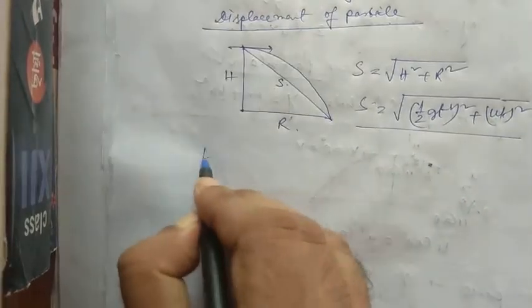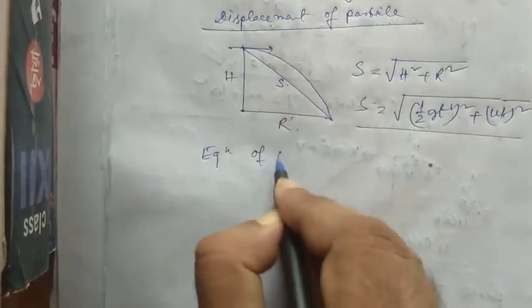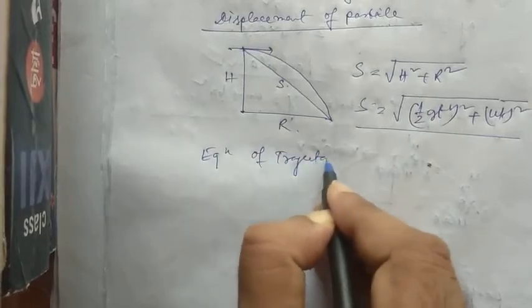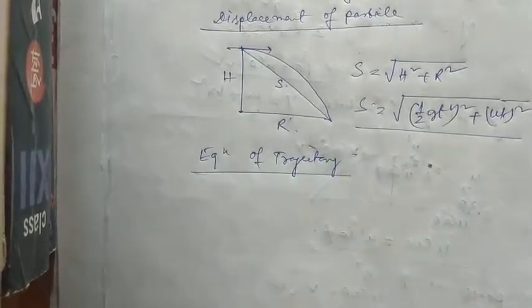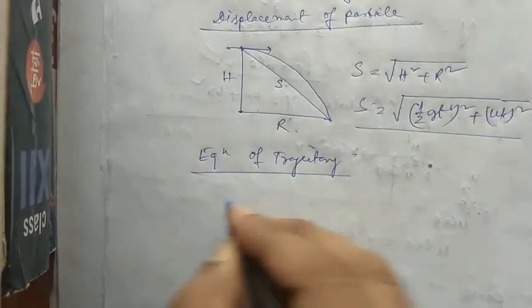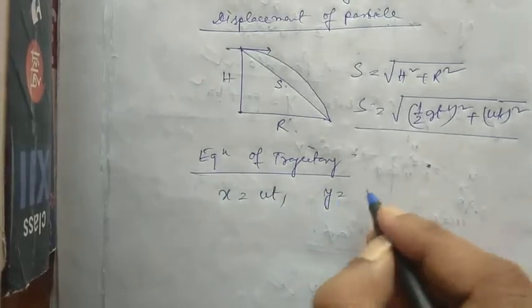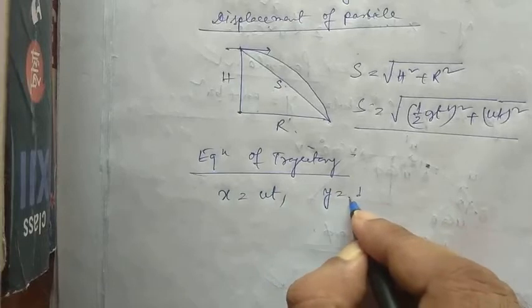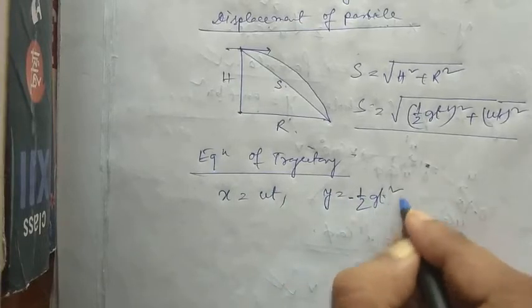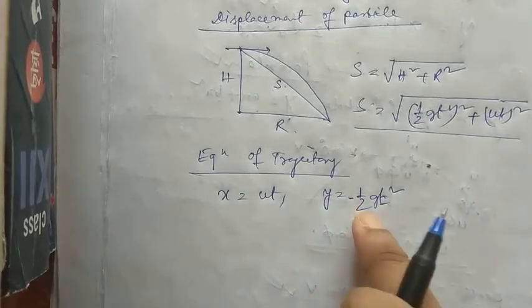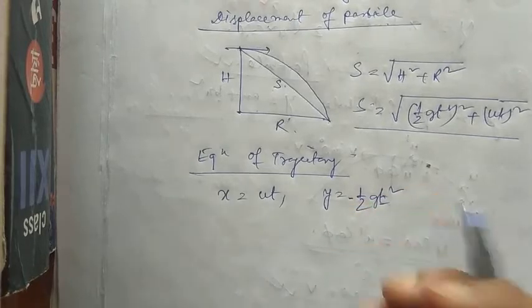Now the equation of trajectory. What was the equation of the trajectory? x is equal to ut, we know, and y is equal to minus half g t square. You can replace it as plus half g t square or minus half g t square.